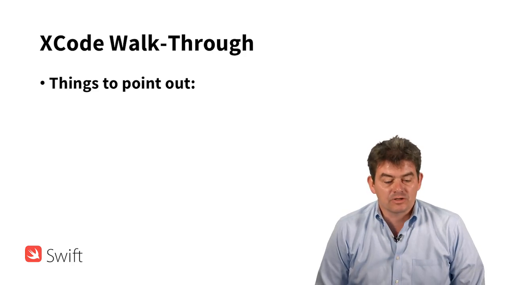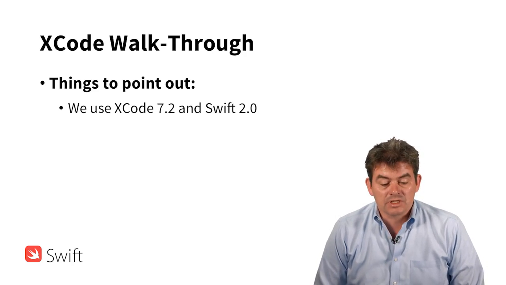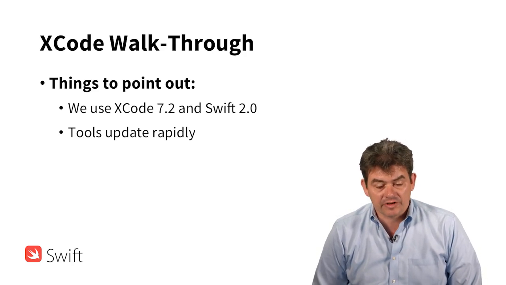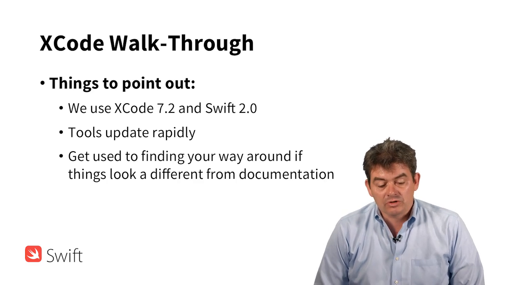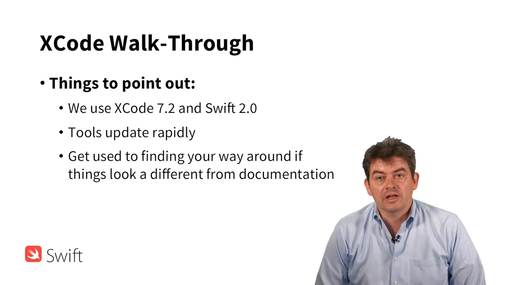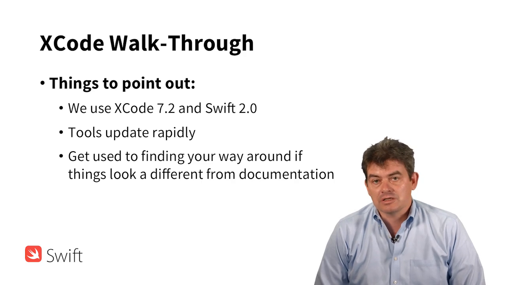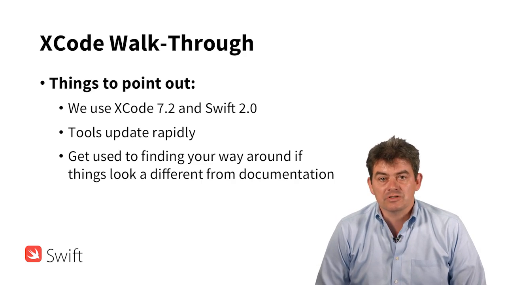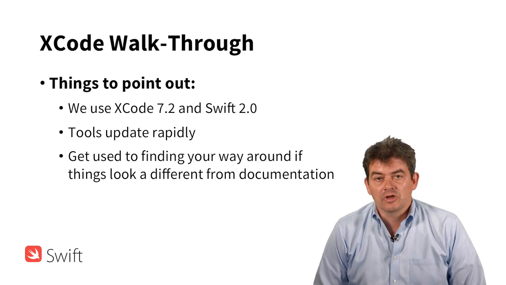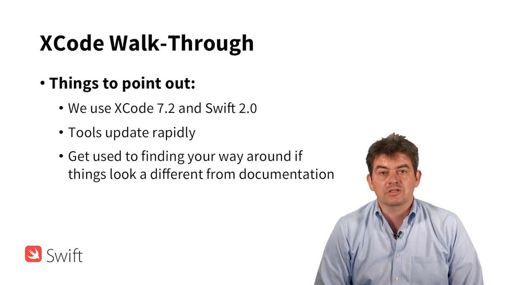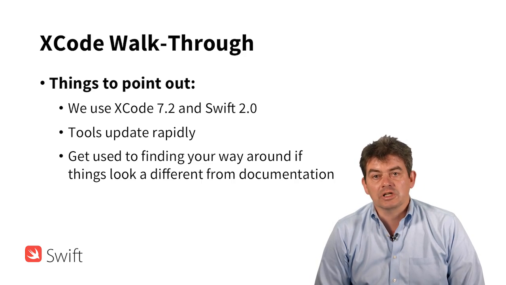A few things I would like to point out: we used XCode 7.2 with Swift 2.0. The tools develop very rapidly. So what you need to get used to is finding defects when you use sample code, or when you download code from somewhere. When you load it into your latest version of XCode with the latest version of Swift, you very often see some of those warnings and errors, like the ones I just saw when I typed ahead with some of the functionality, right?